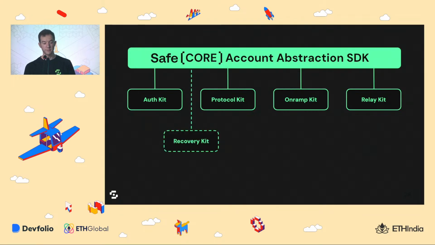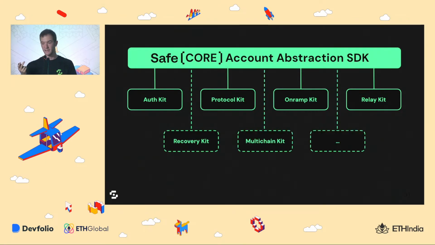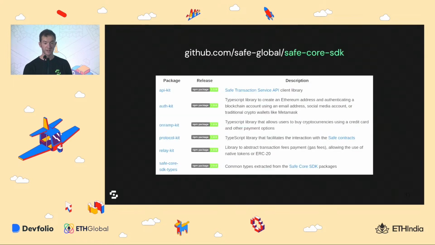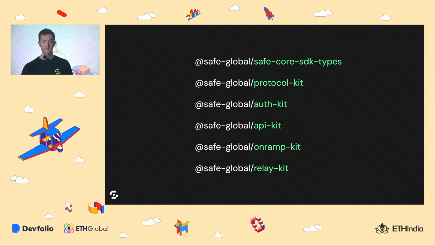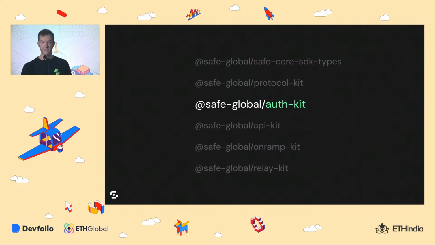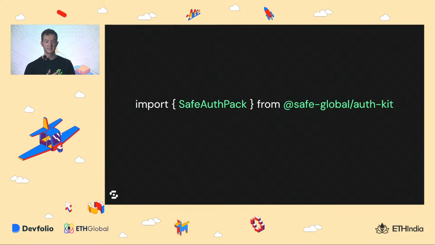In the future, we may have more kits like recovery, a multi-chain kit, and whatever comes. You can find this in the Safe Core SDK repo in the Safe Global organization on GitHub. These are the NPM packages, but now we want to focus on the auth kit, which contains the Safe Auth pack, the one we are showing today.